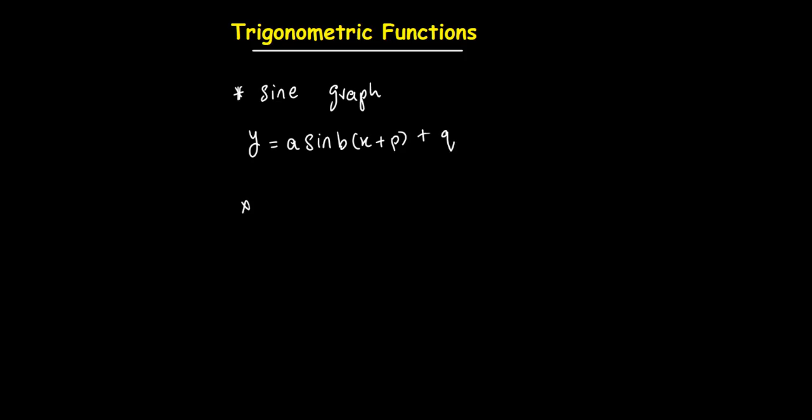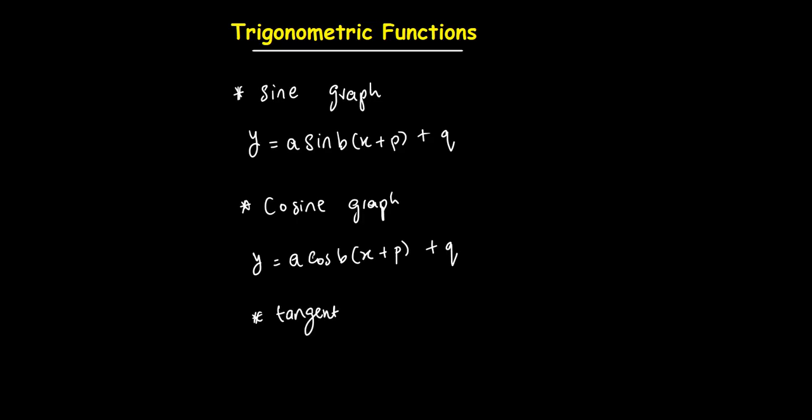And then we have the cosine graph, and the general formula of a cosine graph is y equals a cos b into x plus p, and then plus q. And then you have the tangent graph, which is y equals a tan b x plus p, and then plus q.